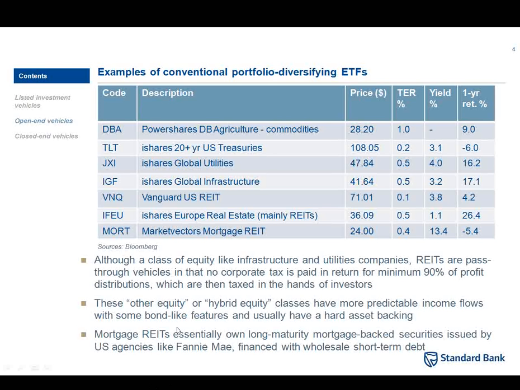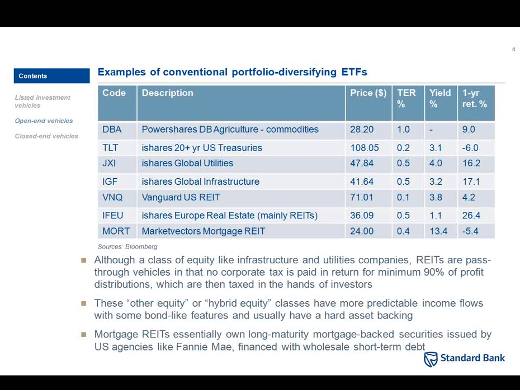And the nice thing about these other equity or hybrid equity classes like REITs and infrastructure is that they have more predictable income flows, and in that way they have more bond-like features, and they usually have a hard asset backing, of which an obvious example is a commercial property REIT. And then mortgage REITs essentially own mortgage-backed securities, longer dated, issued by US agencies like Fannie Mae, and these are financed by short-term debt at low rates.